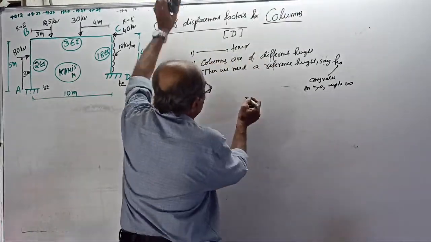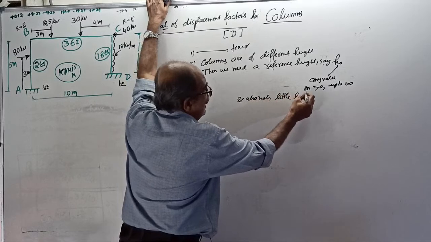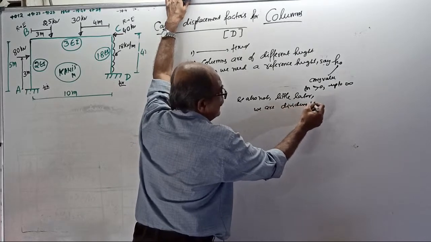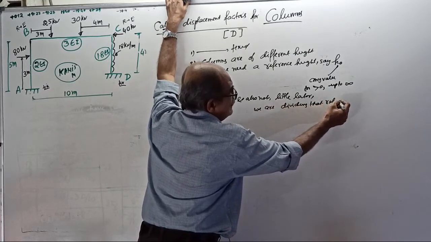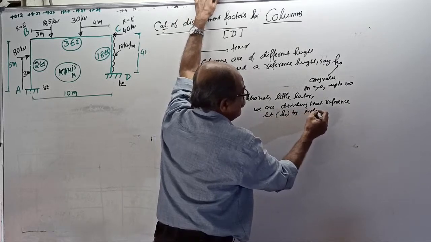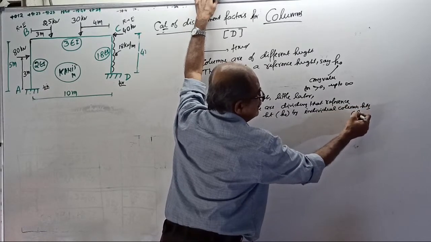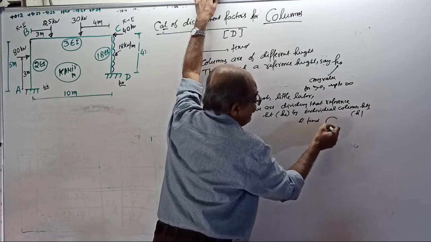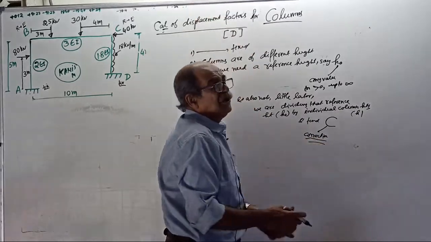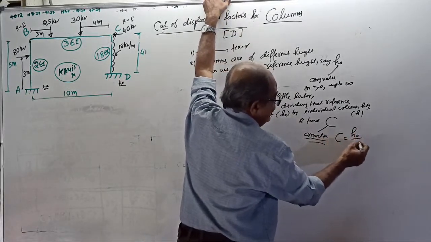But do not take abnormal values. Also note, little later we are dividing that reference height H naught by individual column heights H, and finding correction factor C. The correction factor C for columns of unequal height: the formula for C will be H naught by any height.